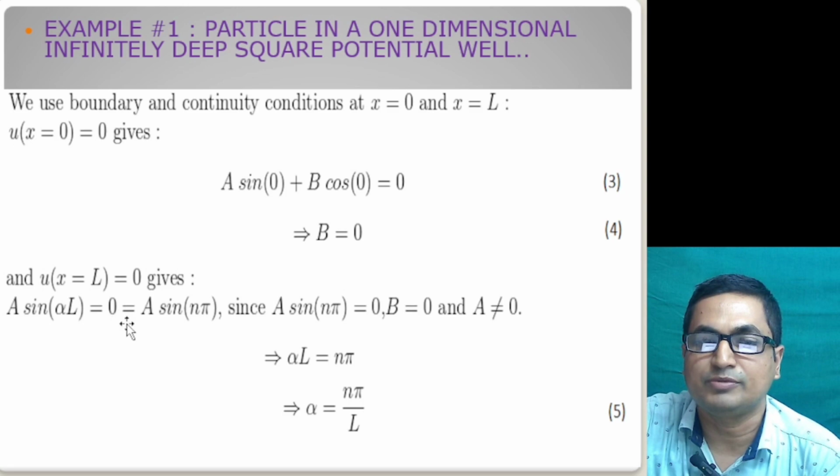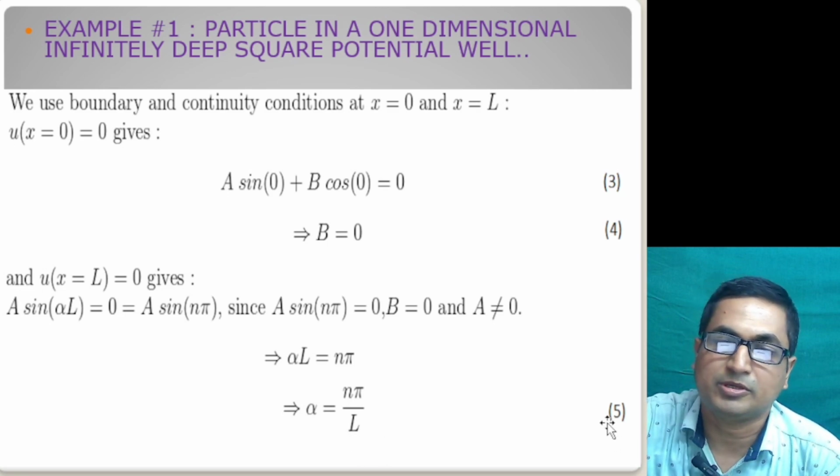Since a zero of a sine function means the argument must equal n pi, where n goes through the integers 0, 1, 2, 3, we get alpha L equal to n pi, and this gives us the value for alpha. Alpha becomes n pi by L, as given by equation 5.